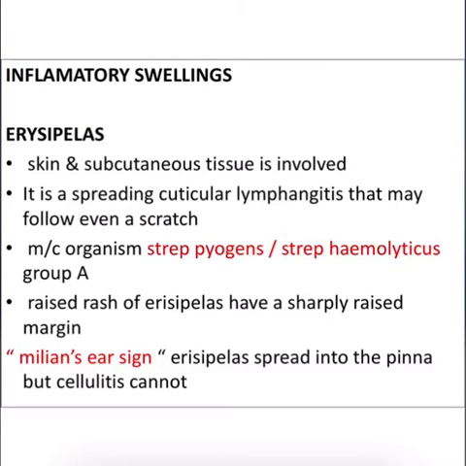The most common organism is Streptococcus pyogenes, hemolytic, Group A. The raised rash of erysipelas has sharply raised margins. It's also called Milian's ear sign. Erysipelas spreads into the pinna, but cellulitis cannot. This is the most differentiating feature between cellulitis and erysipelas.